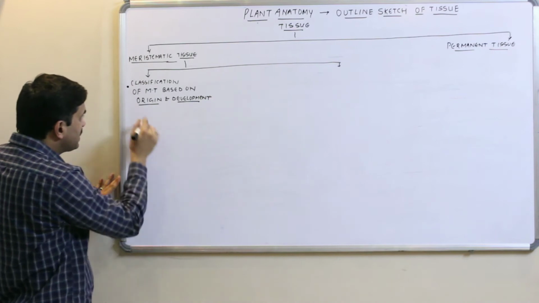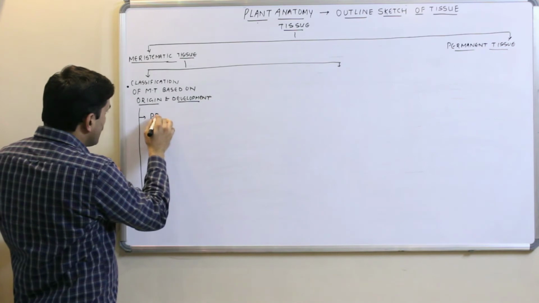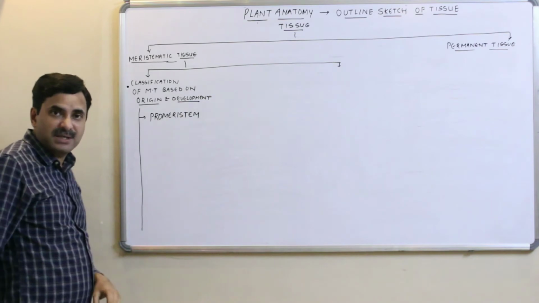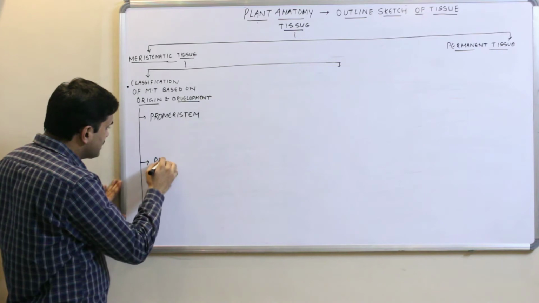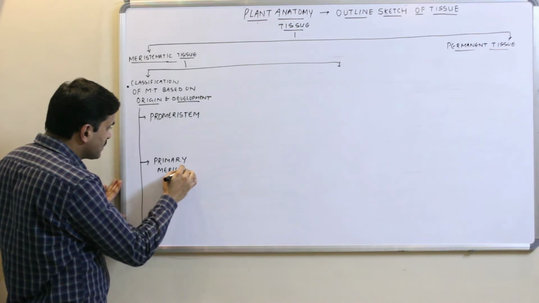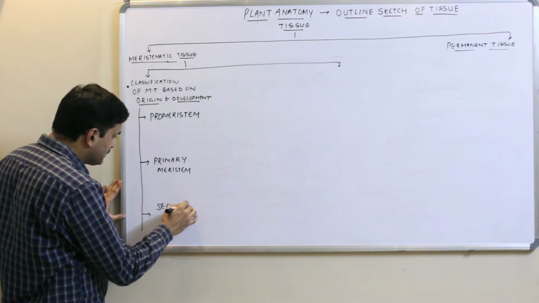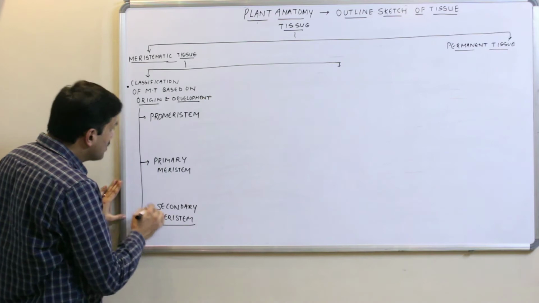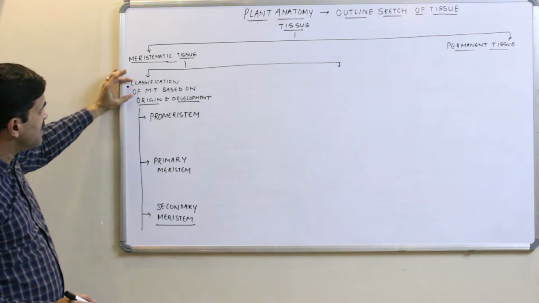Based on origin and development, the meristematic tissue is classified into three categories. One is known as the promeristem. Second is known as the primary meristem, and the third is called the secondary meristem.